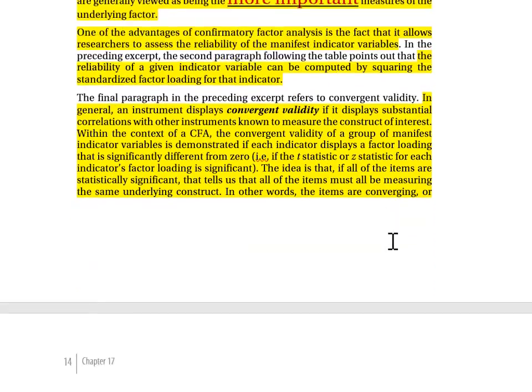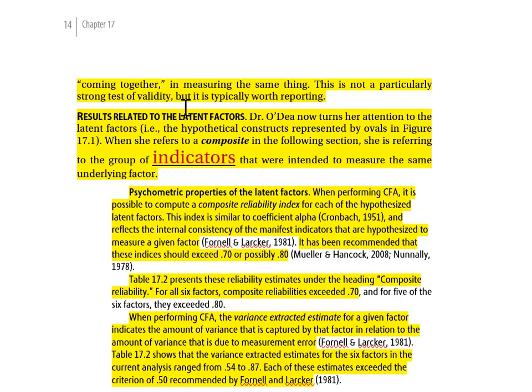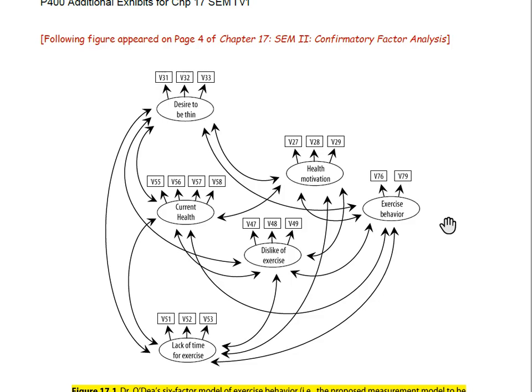We talked about convergent validity. We moved on to page 14 and some new concepts. Page 14, we turn to results related to the latent factors. Now, to refresh your memory, what are the latent factors? Latent factors are represented by the ovals in that handout that I gave to students in my Psych 400 class.